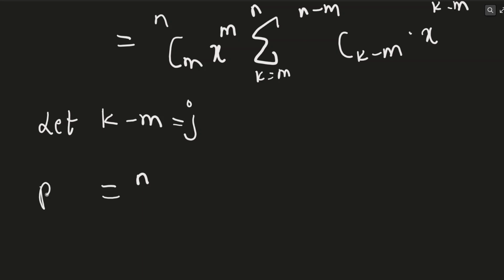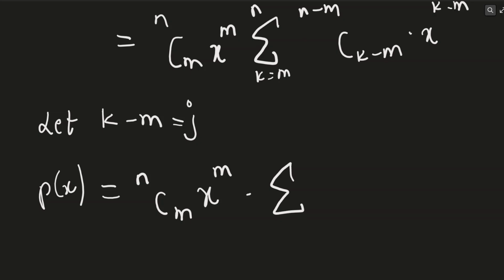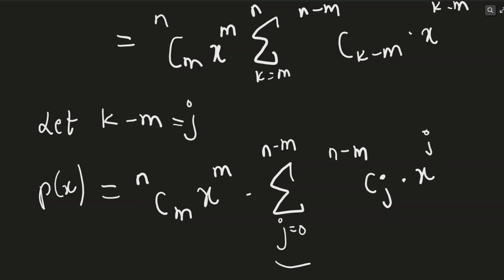The polynomial now becomes n choose m x to the power m times summation. Now k starts from m, so j starts from 0 and goes all the way up to n minus m. And now we can write this as n minus m choose j times x to the power j. And this is something we are all familiar with.